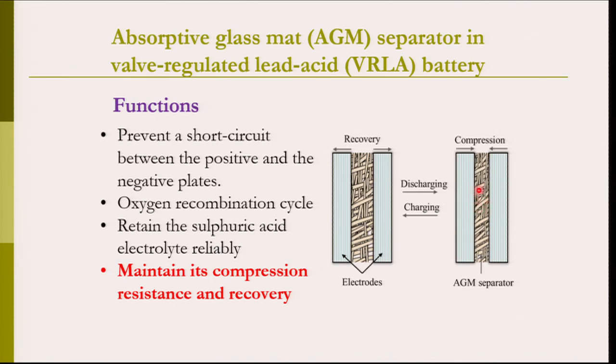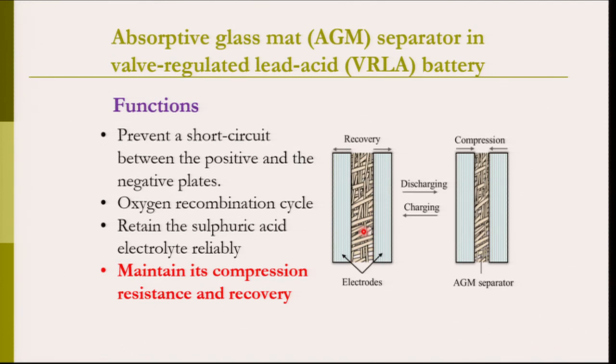So, compression happens during the discharge of the battery, and during charging the material expands and recovery of the material takes place. That means, during the charge and discharge modes of the battery, compression and recovery of the AGM separator take place. During the mode of compression, all the above mentioned characteristics of AGM separators are significantly influenced.